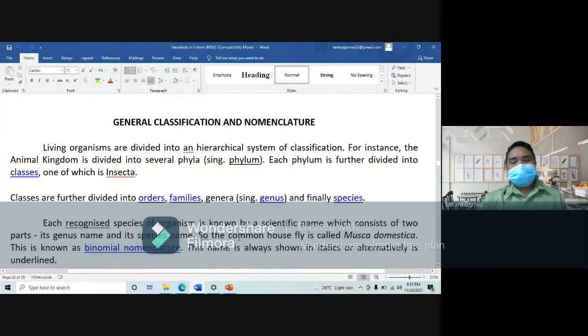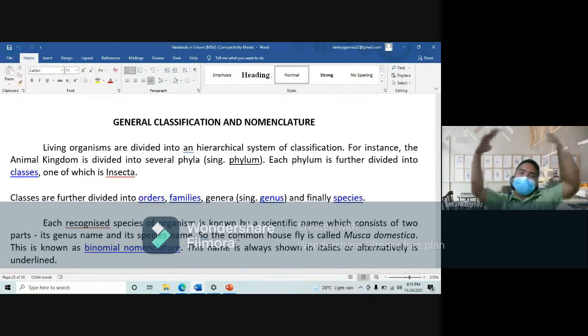Okay, according sa atong resource unit that we have, living organisms are divided into a hierarchical system of classification. For instance, the animal kingdom is divided into several phyla. Here, singular is what we call the phylum. Each phylum is further divided into classes, one of which is insecta.